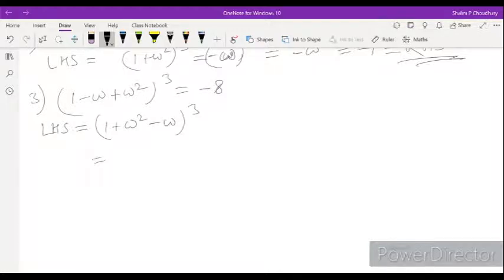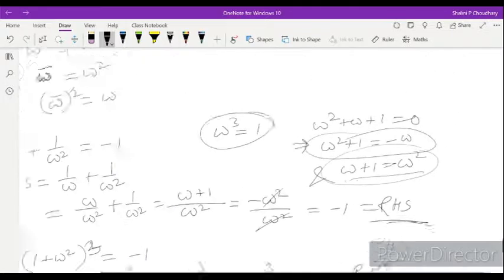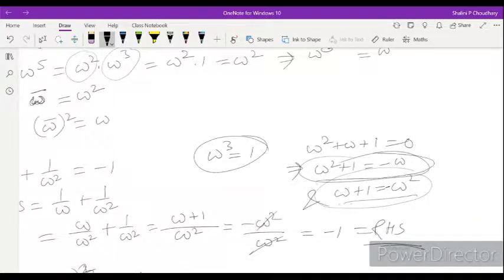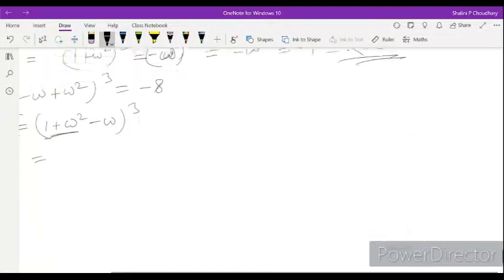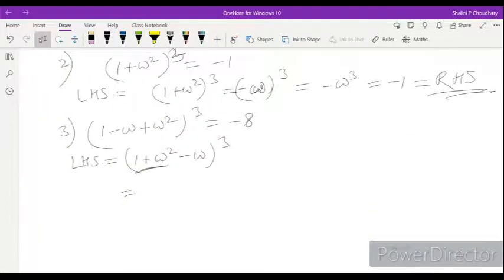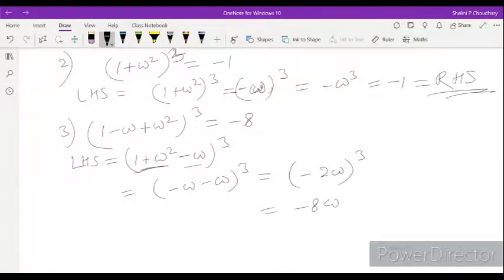As we know, the value of 1 plus omega square is minus omega. So this will be equal to (minus omega minus omega) to the power 3, so it will be (minus 2 omega) to the power 3. So the cube of minus 2 will be -8, and the cube of omega will be omega cube. As we know that omega cube is equal to 1, we'll write -8 into 1, that is equal to -8, and that is RHS, hence proved.